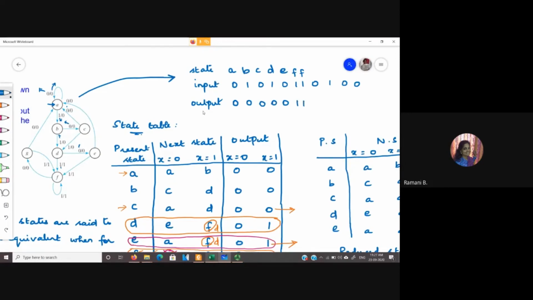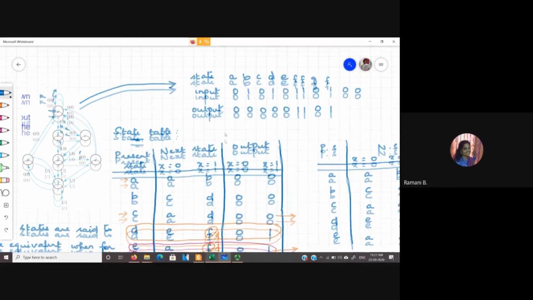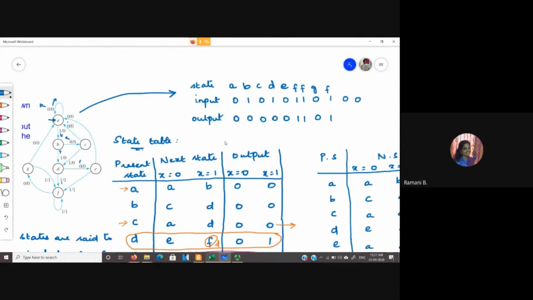Then being in F, I get input 0, so the next state is G and the output is 0. Then if the input is 1, I come back to state F and the output is 1. Then again I get 0, so I move to state G, and the output is 0.